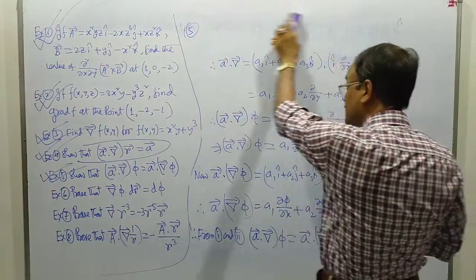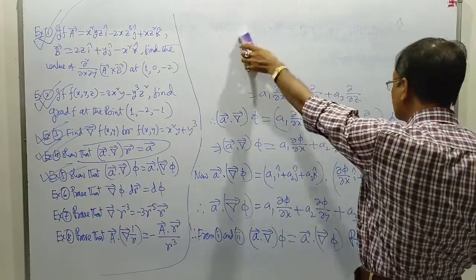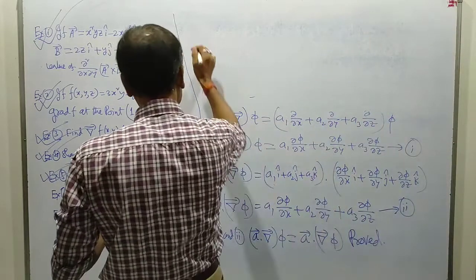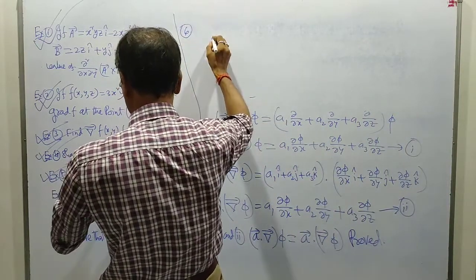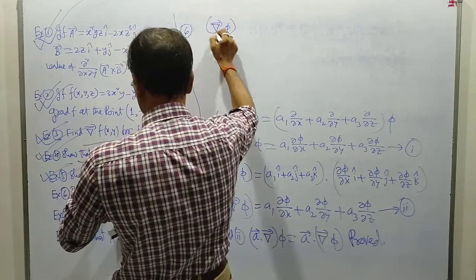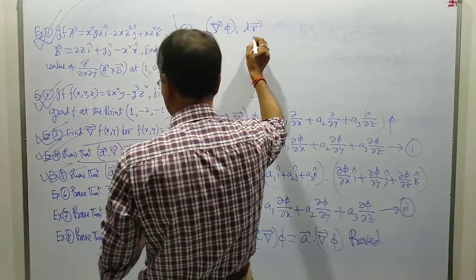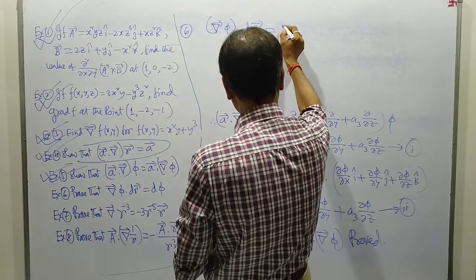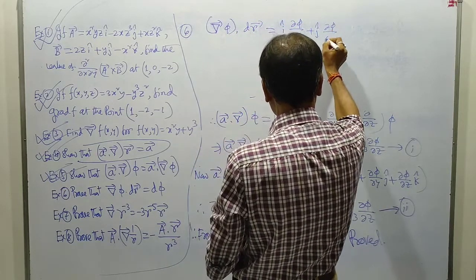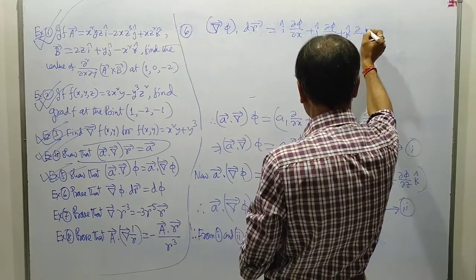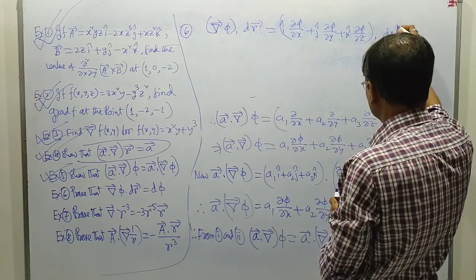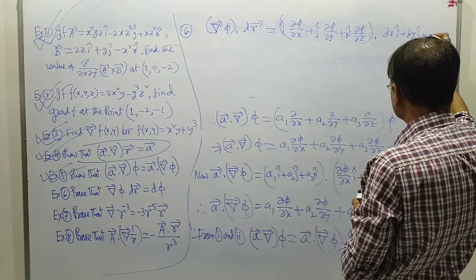Now I am going to prove number 6. Prove that gradient of phi dot dr vector is equal to i cap ∂phi/∂x, j cap ∂phi/∂y plus k cap ∂phi/∂z dot dx i cap plus dy j cap plus dz k cap.